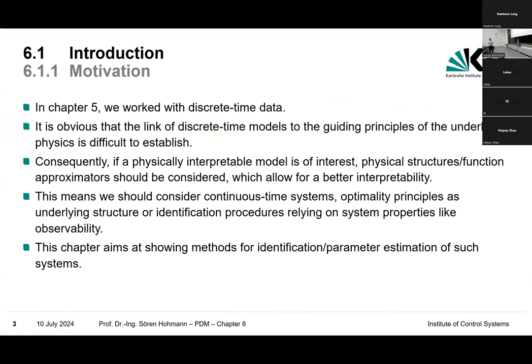This is somehow difficult. Therefore, we should use models which are interpretable, and therefore we look for continuous time systems or other identification methods, which are presented right now.